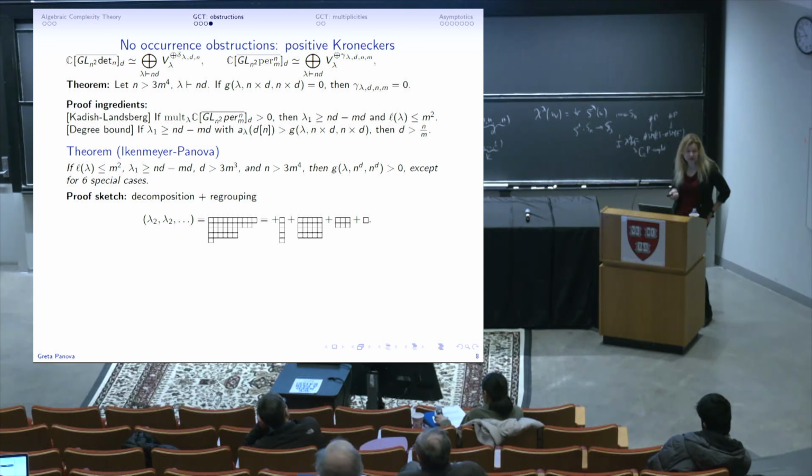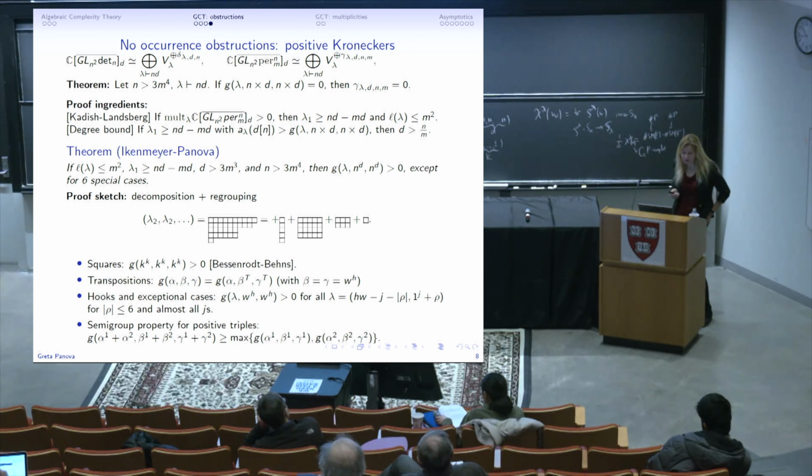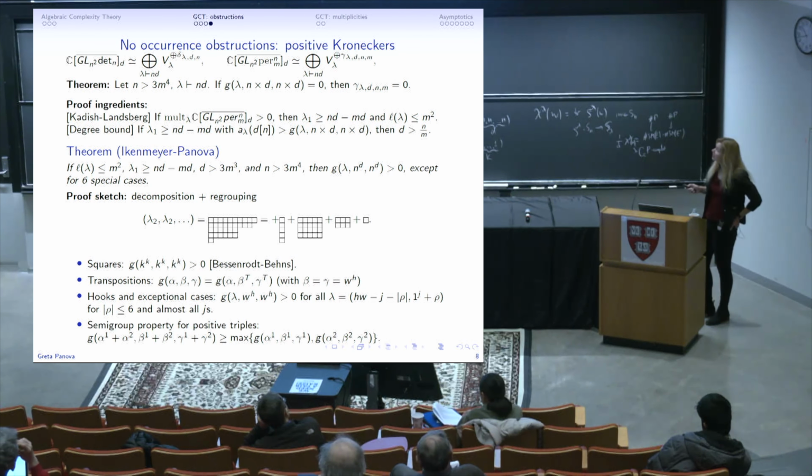And for each one of them, we will prove positivity. So basically, we know a bunch of things. We know that the Kronecker coefficient for 3 squares of the same size, of course, is strictly bigger than 0. So things that look like this, remember that we are missing the first row, but we can add this on top, is going to be positive.